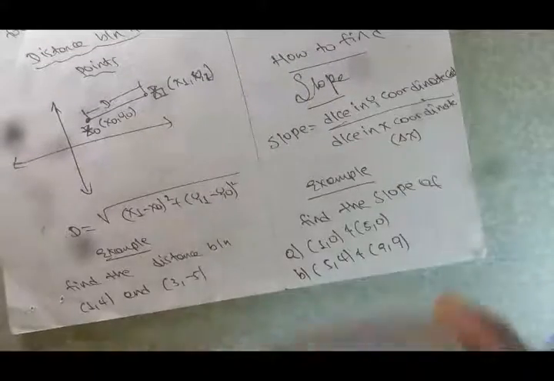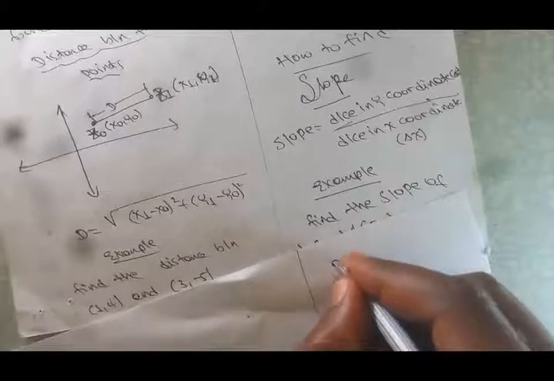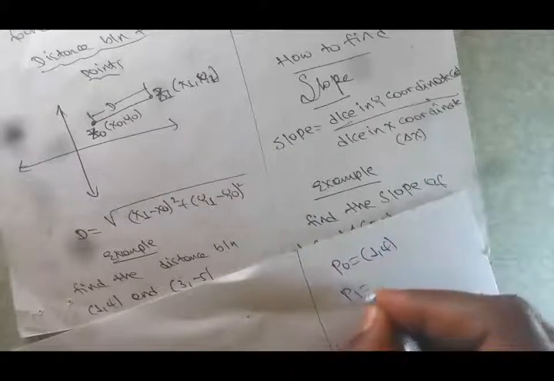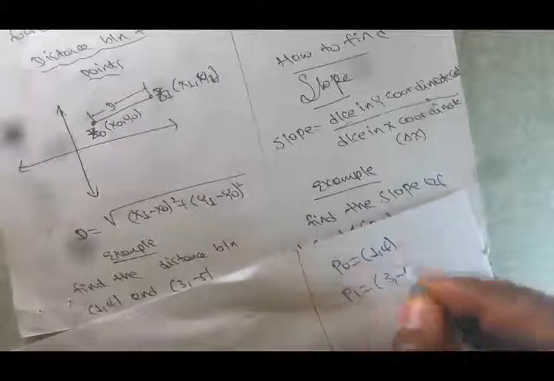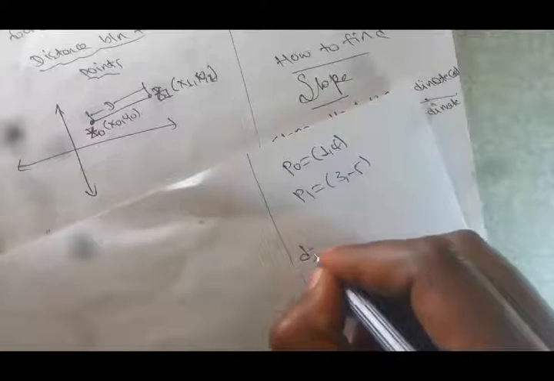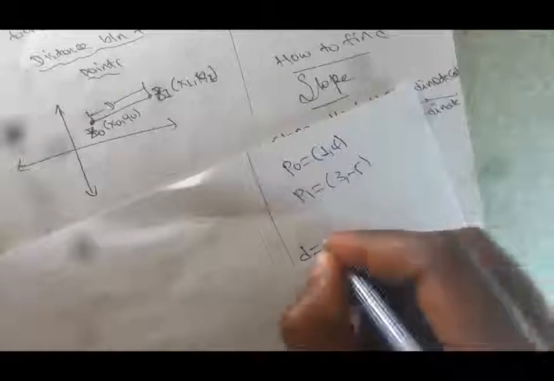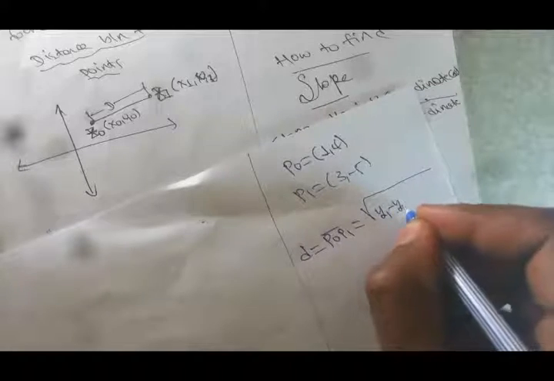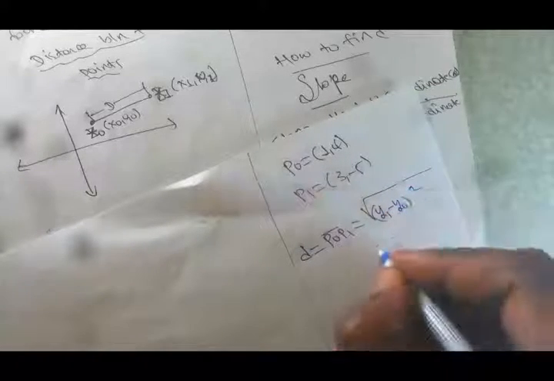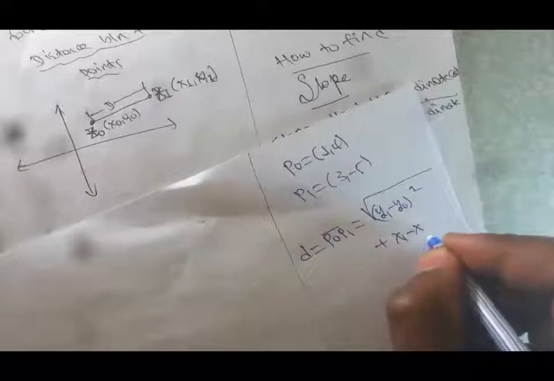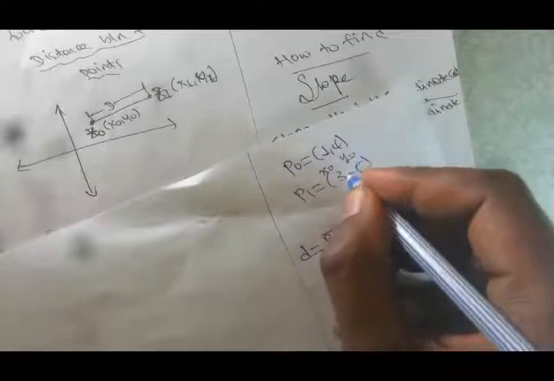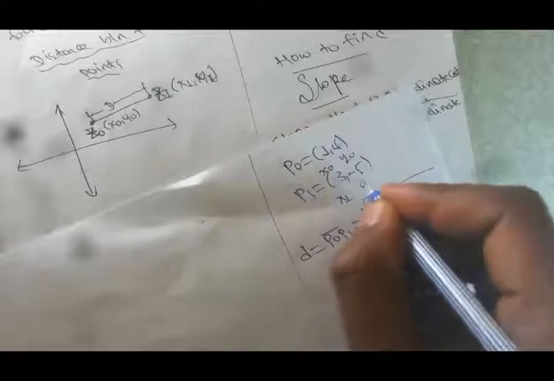And let's do example 1. We are asked to find the distance between P0, which is (1, 4), and P1, which is (3, -5). We know that the distance between P0 and P1 is given by the square root of Y1 minus Y0 the whole square plus X1 minus X0 the whole square. Therefore, this is X0, this is Y0, this is X1, this is Y1.